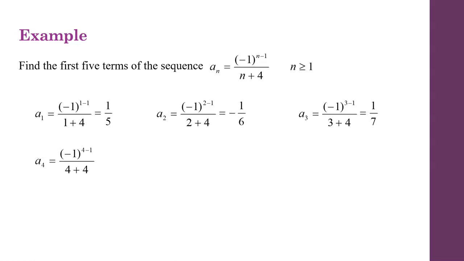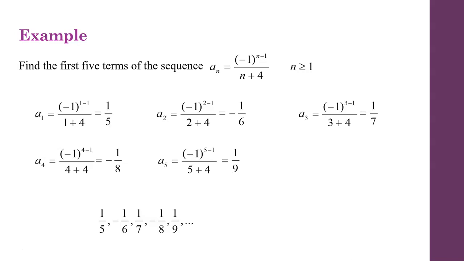For the fourth term, we have (-1)^(4-1); (-1) cubed is -1, over 4 plus 4, which is 8. So -1/8. Finally, for our fifth term, we have (-1)^(5-1); (-1) to the fourth power is +1, over 5 plus 4, which is 9. So +1/9.